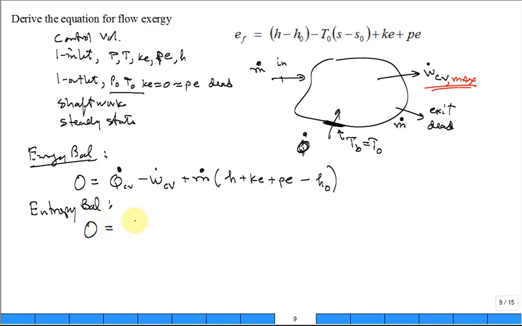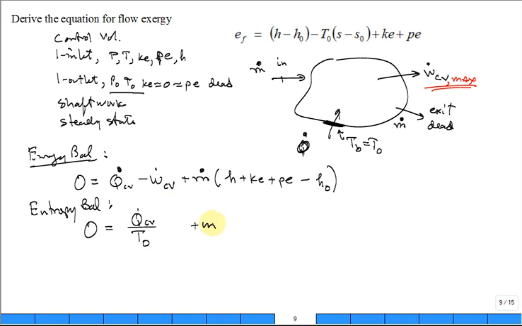We have Q dot CV coming in at T_B, which is T naught. So that's the entropy transfer with the heat transfer coming in. No entropy transfer with the power, shaft power coming out, so that's 0.